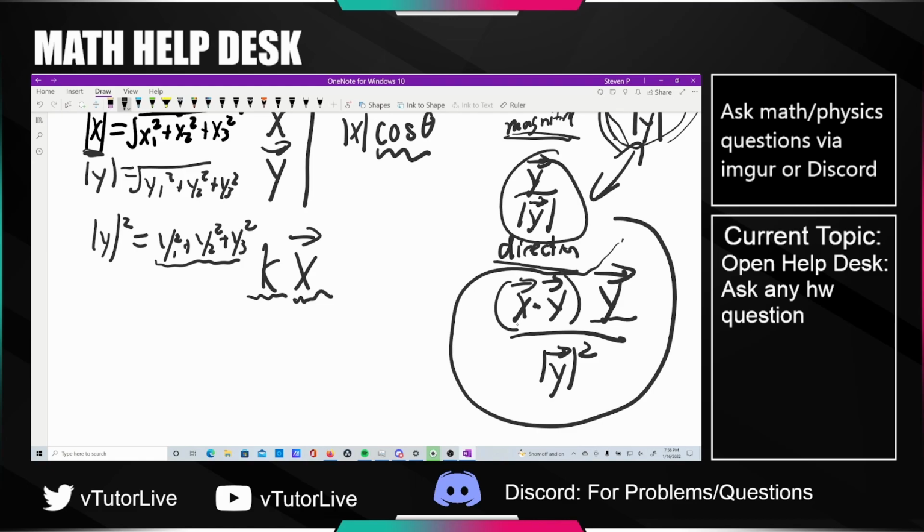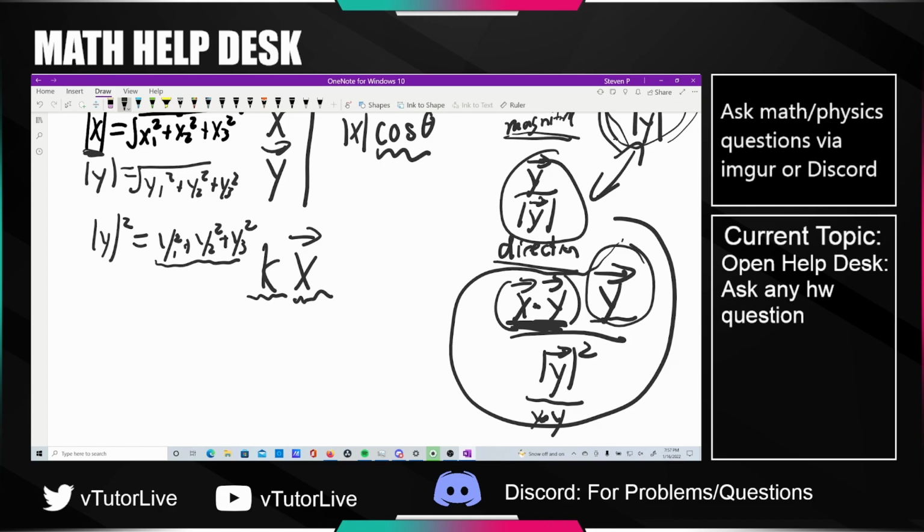Take it a step at a time and figure out what literally x dot y is. Figure out what y squared is, which again is y dot y, probably the easiest way to think about how to calculate it. And then once you have those two things together, x dot y divided by y squared is literally just a scalar number. And then just multiply that by whatever y the vector is, and you're golden. So take it a piece at a time.